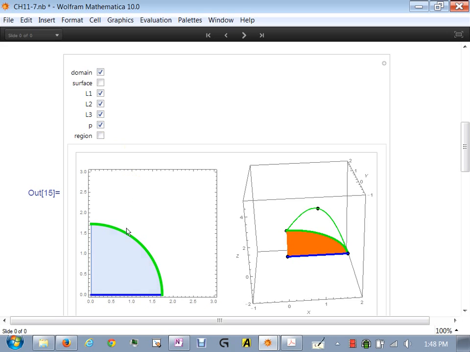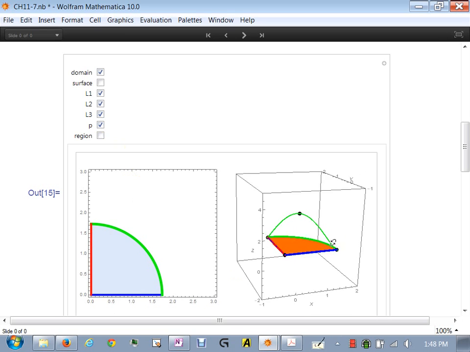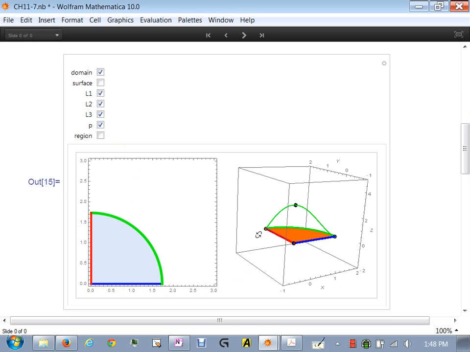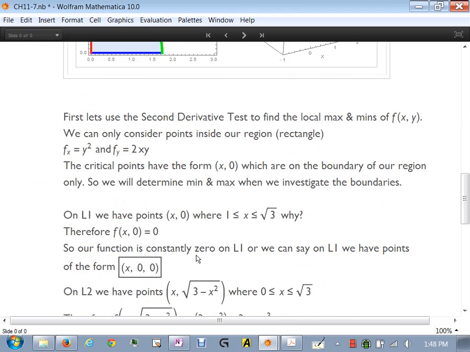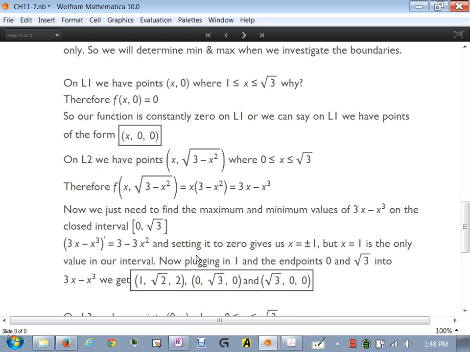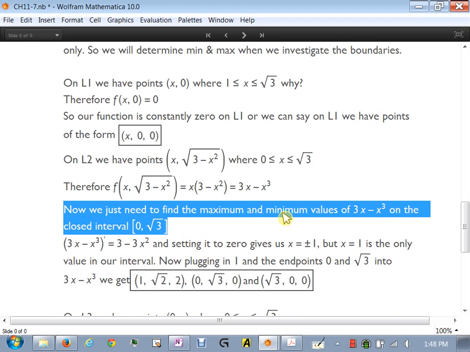Then we go along this third line, which is this red one, and we try to find the highest point there. Each one of those three problems turns out to be finding the maximum or minimum values of a function on a closed interval. That's what each one of those individual pieces turns out to be.